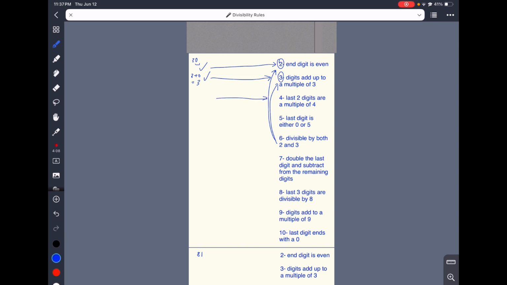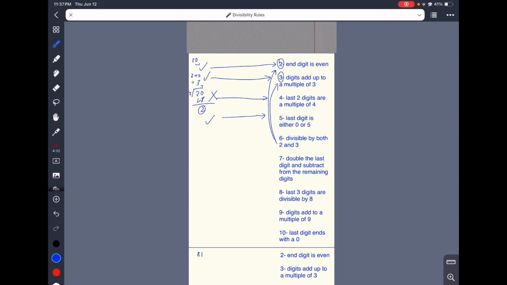The last two digits are a multiple of 4. Let's test this. So 30 divided by 4, we can see it has 2 left over, meaning that this is not divisible by 4. For 5, since the last digit is 0, this means that this number is divisible by 5.